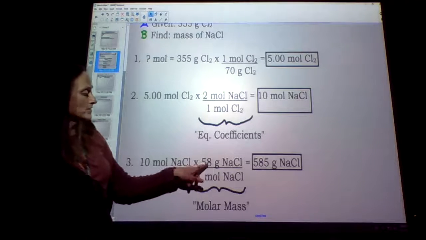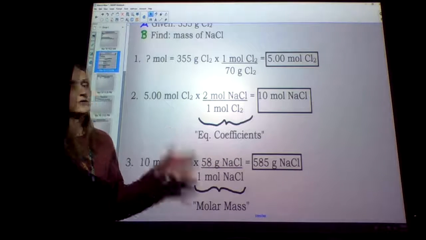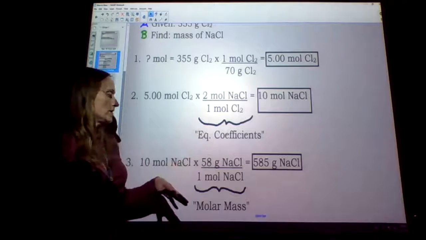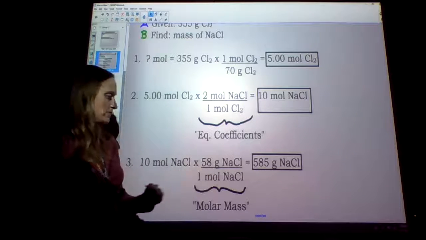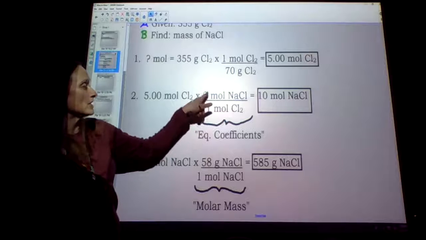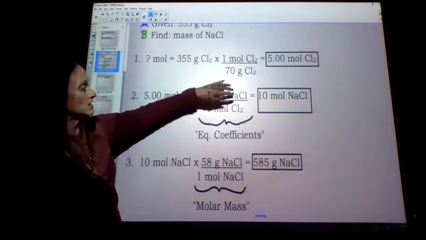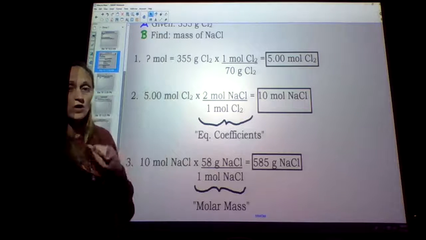And the mass, well, we look up the mass of sodium and the mass of chlorine, sodium is 23, chlorine is 35, so that's where the 58 came from. Only this middle step here is where your number of moles may not be 1, because notice again, your substances are different.